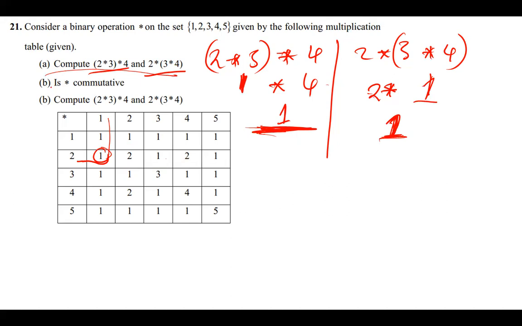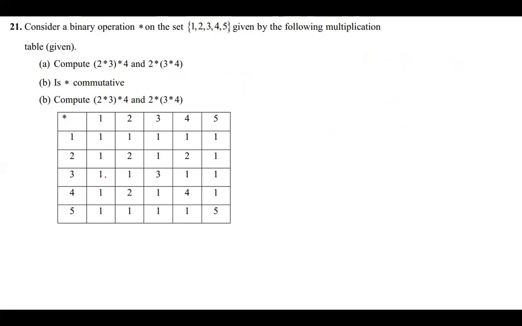And then the question comes in to say, is star commutative? So how do you know whether star is commutative or not? You pick numbers and then begin to test them. So you first start with maybe 1 star 5. So 1 star 5, the answer is 1.